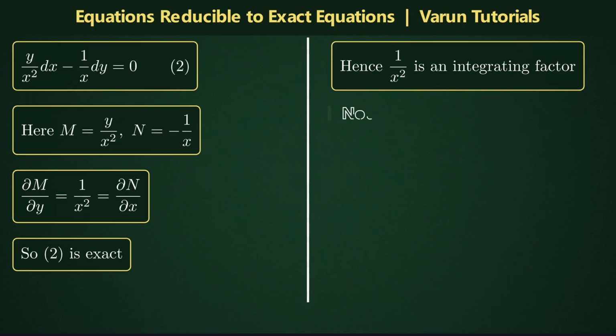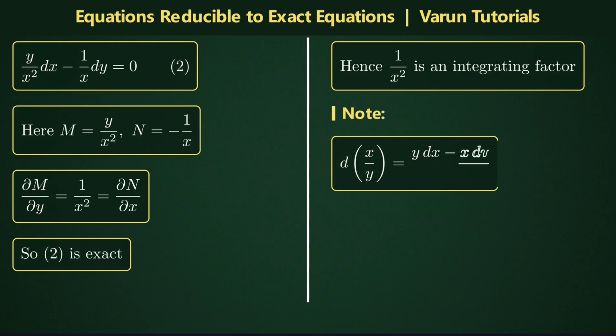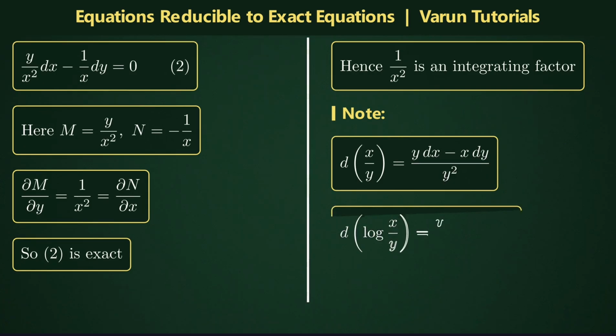Let's look at an important note regarding integrating factors. Recall that the differential of x over y is equal to y dx minus x dy, over y squared. Also, the differential of log of x over y is equal to y dx minus x dy, over xy.